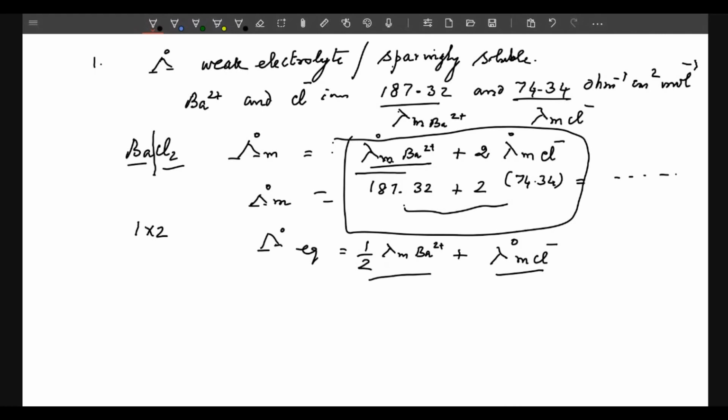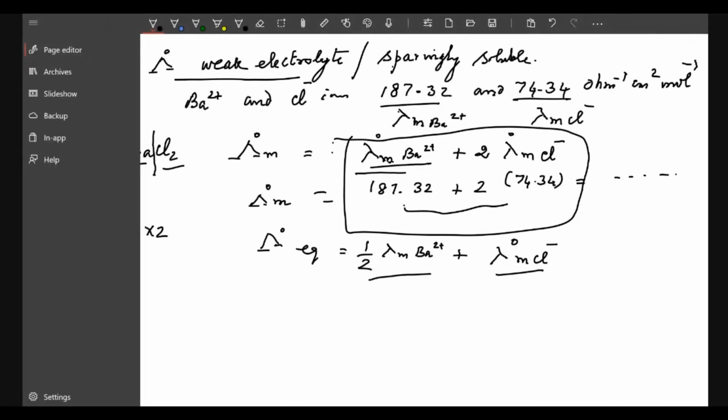And now I am going to give the first application. The weak electrolyte can be calculated, provided you know the strong electrolyte equivalent conductance. Yes, we are going to calculate this. Take down the problem in this condition.